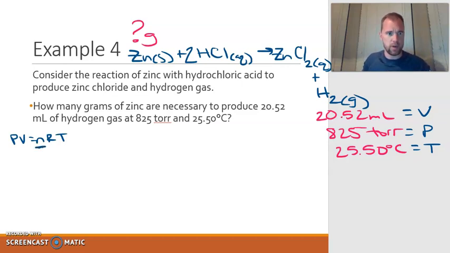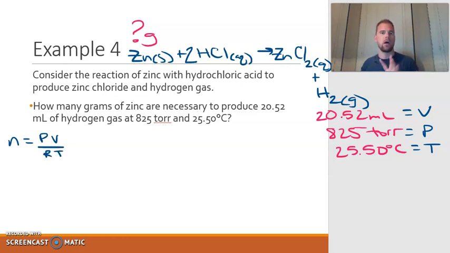So I'm going to rewrite this equation, and I'm going to get it all set up to solve for n. So if I was solving for n, it's going to be my pressure and volume divided by RT. That's the ideal gas law rewritten so that way we're solving for n. And specifically, I'm going to put a little sub H2 so we remind ourselves what moles we're solving for.